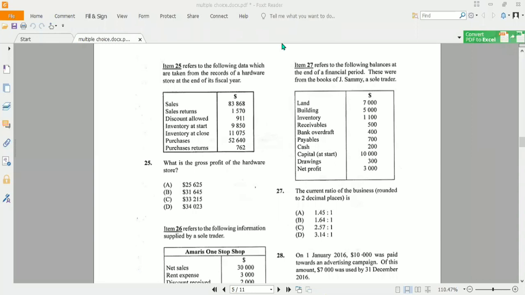Remember, sales returns is the same thing as return inward. We have inventory at start. We have inventory at close. And we have purchases and we have purchases returned. So I'm giving you a little time there to calculate that.